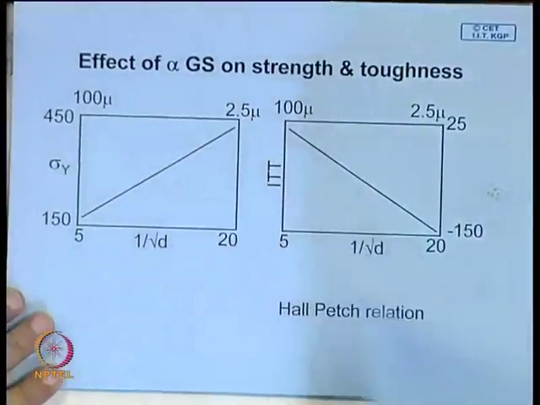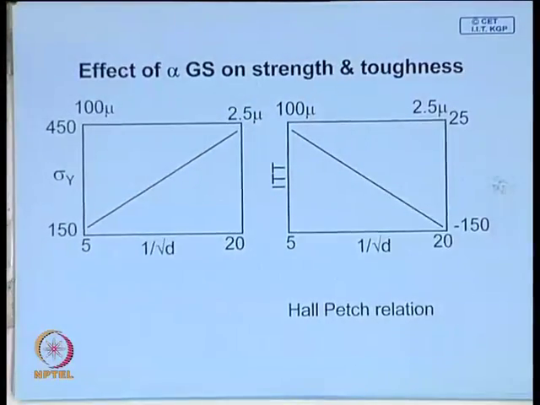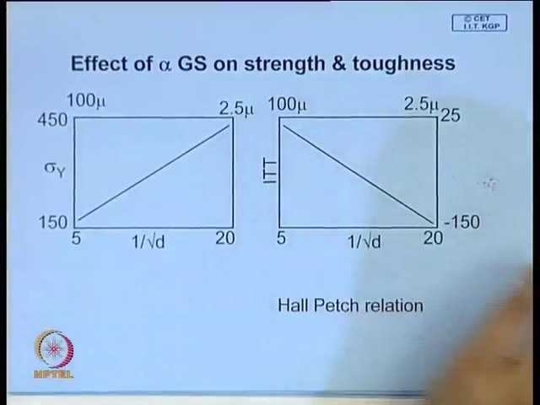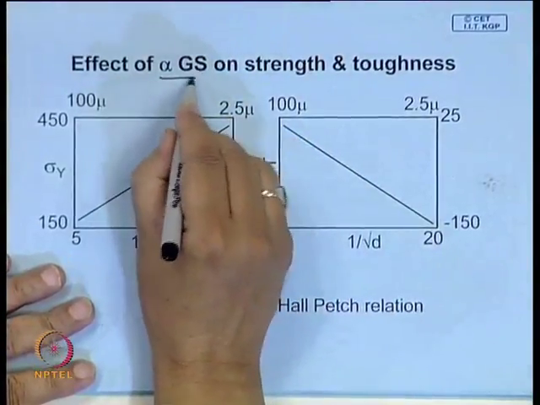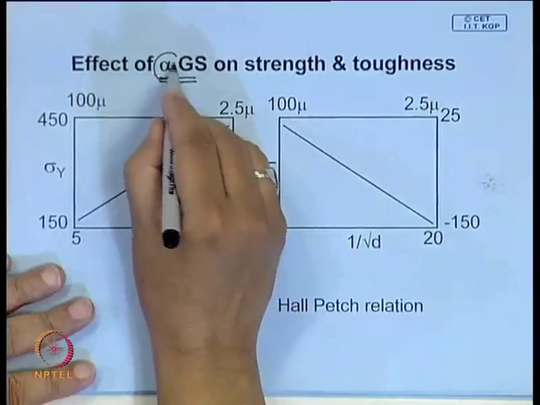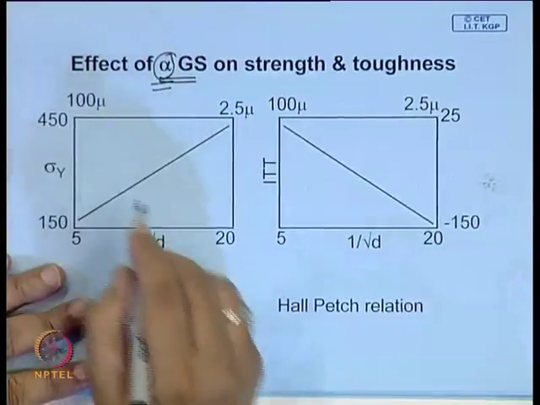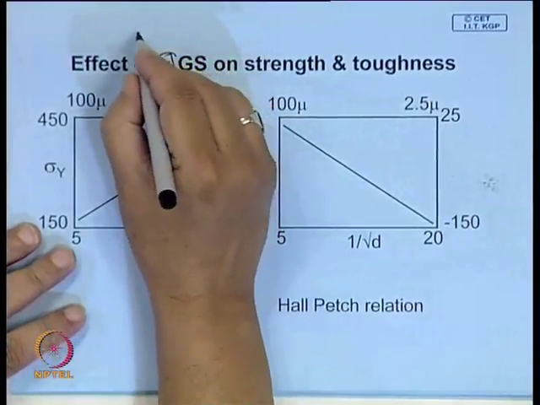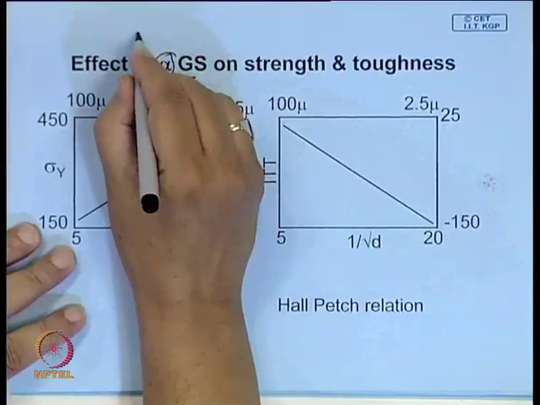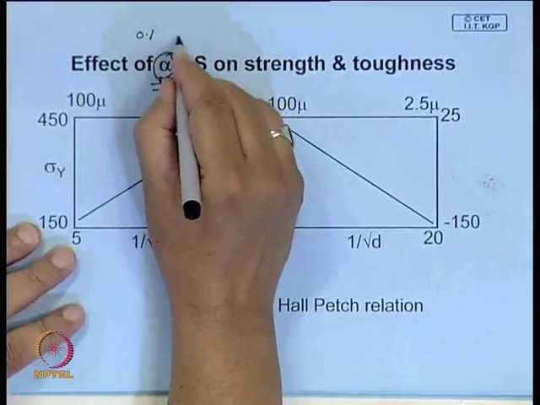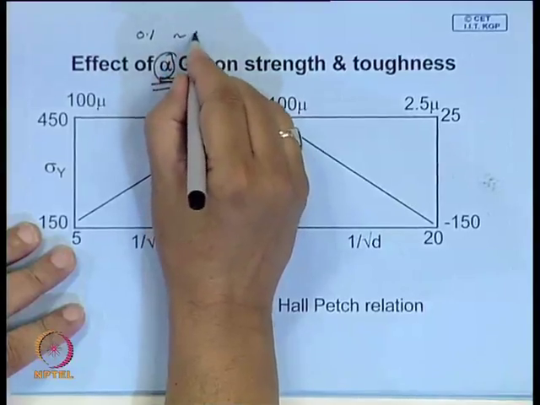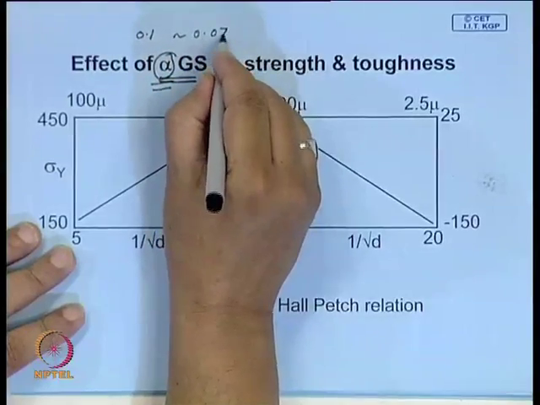Now, let us see what impact it is likely to have on the properties, that is ferrite grain size, because ultimately at room temperature ferrite is the main phase. In bulk of the steel the percentage carbon will be extremely low, say maybe 0.1, or there are many grades where it is even lower, 0.07, 0.08.